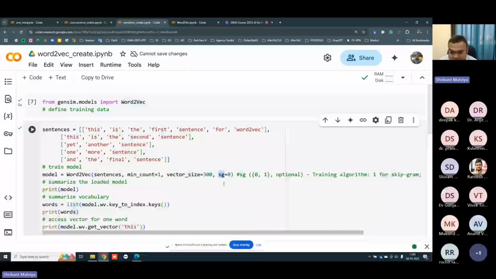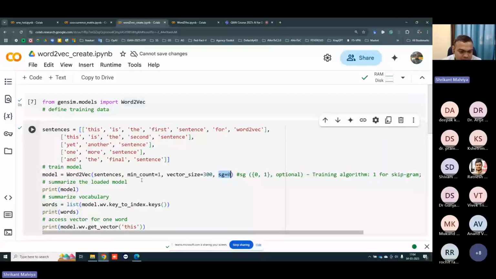SG is a parameter: if you set SG as 1, Word2Vec will use the skip-gram model for training the word embedding. If you set SG as 0, it will use the other method, CBOW.